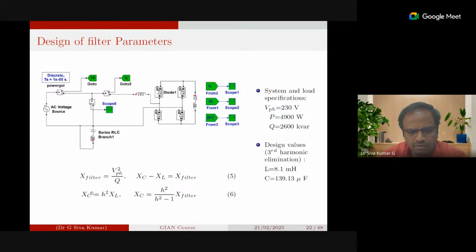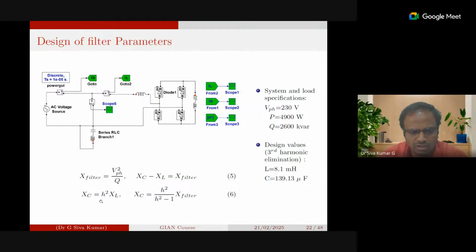At the third harmonic frequency, the capacitive reactance equals the inductive reactance, so we make the effective reactance of the series RLC branch very low.